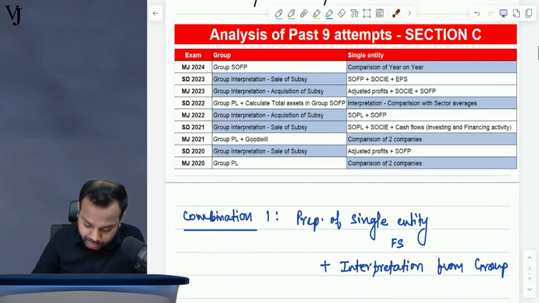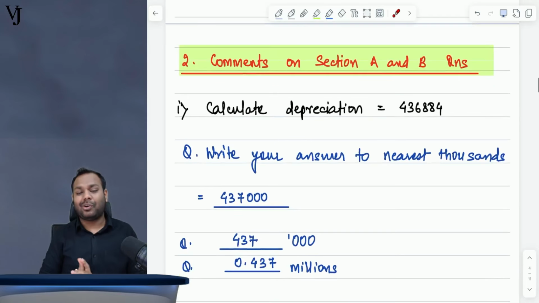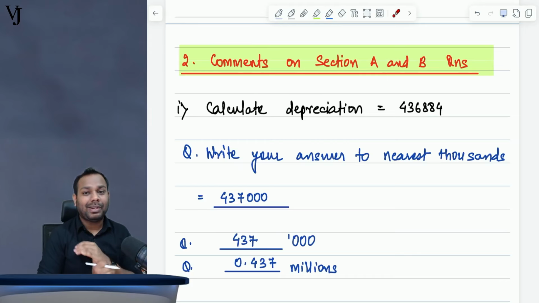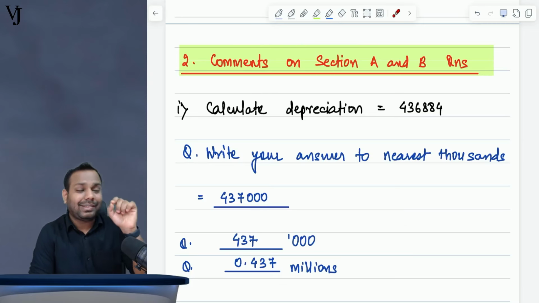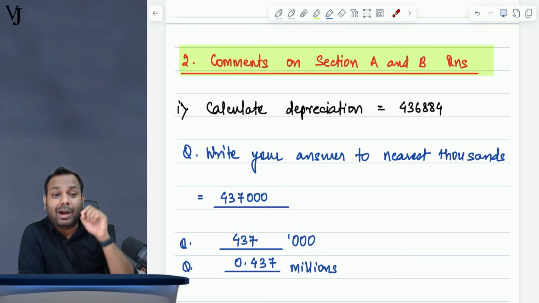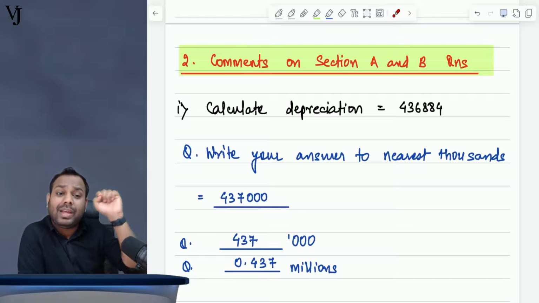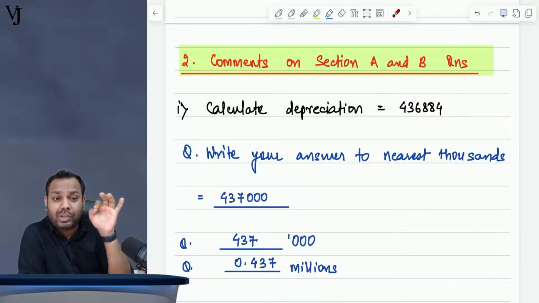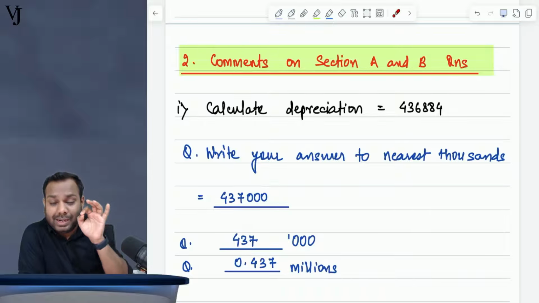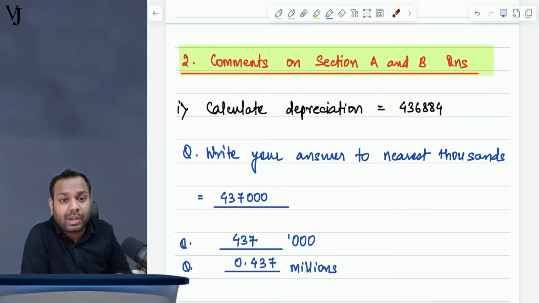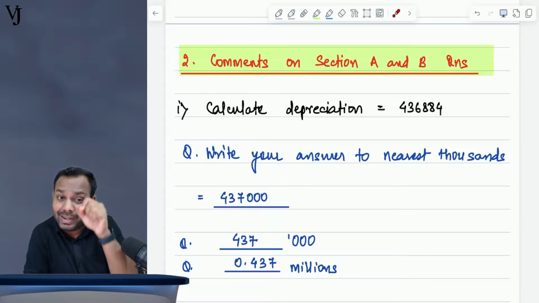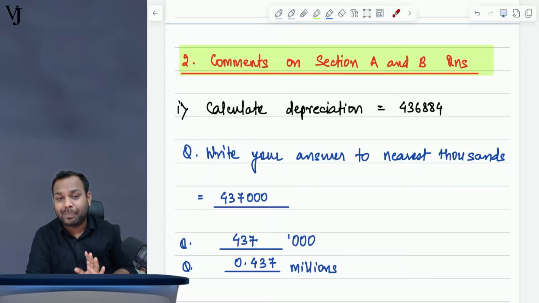Now, proceeding further. Comments on section A and section B questions. What are the examining team's comments on section A and section B answers? Understand guys, I have reviewed around 12 examiner reports, went through each and every detail, and made this summary.